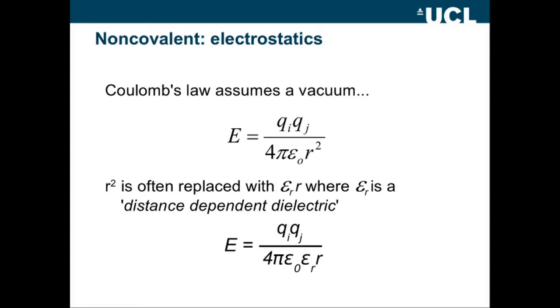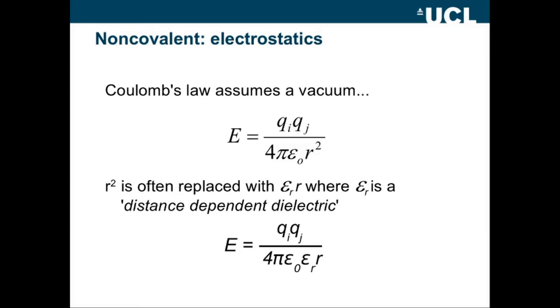However, Coulomb's law assumes a vacuum. So this permittivity of space, this dielectric constant, is based on the idea of either a vacuum or a completely homogeneous space between atoms with different separations. Of course, that's not really the case in a protein, where you may have other atoms between the two atoms of interest.